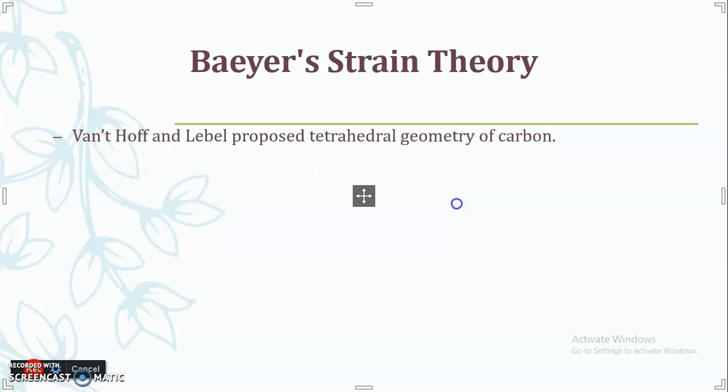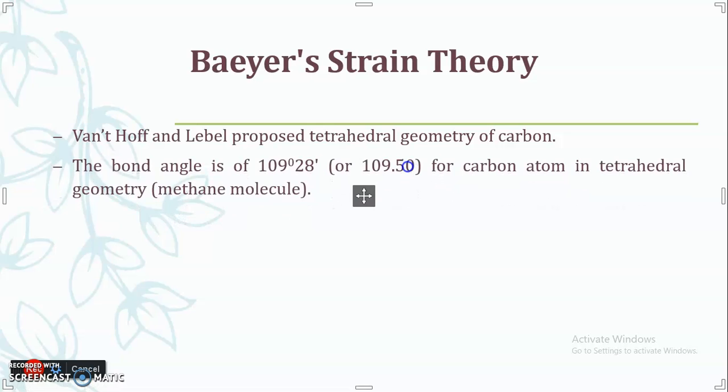Van 't Hoff and Le Bel proposed the tetrahedral geometry of carbon. Now we are familiar with the molecule methane, which has one carbon atom and four hydrogen atoms attached to it. Such a carbon atom is known as a tetrahedral carbon atom. The tetrahedral carbon atom has a bond angle of 109.28, which is also referred to as 109.5.